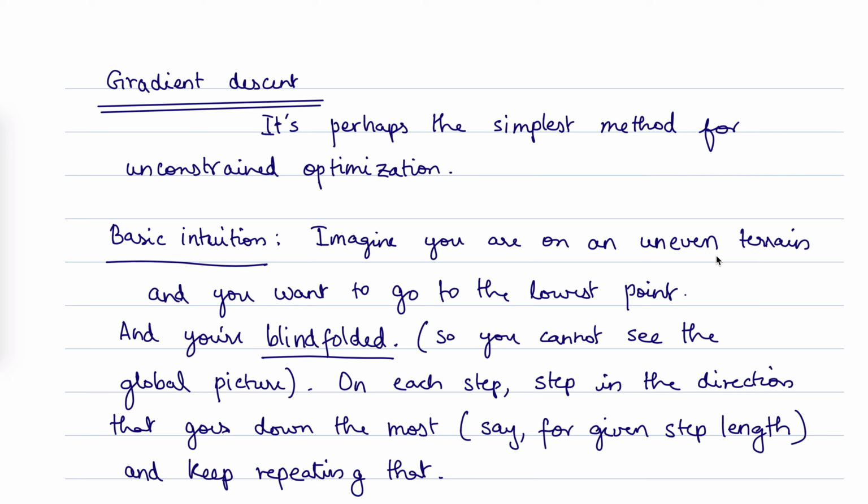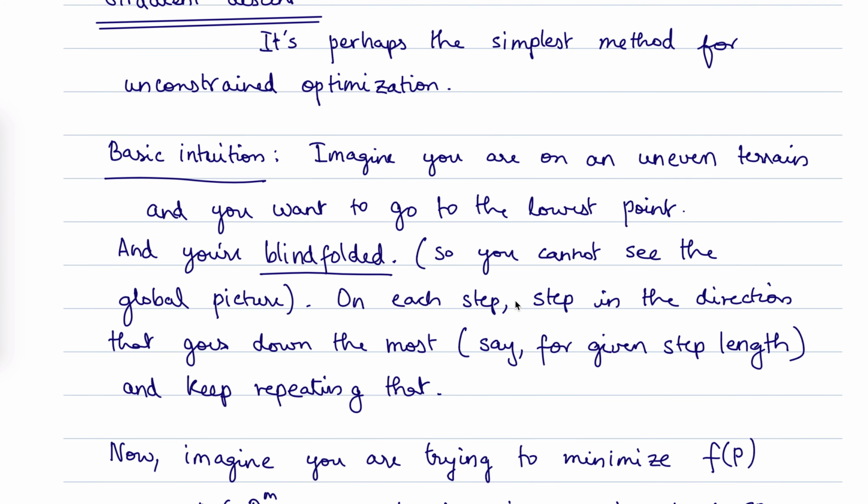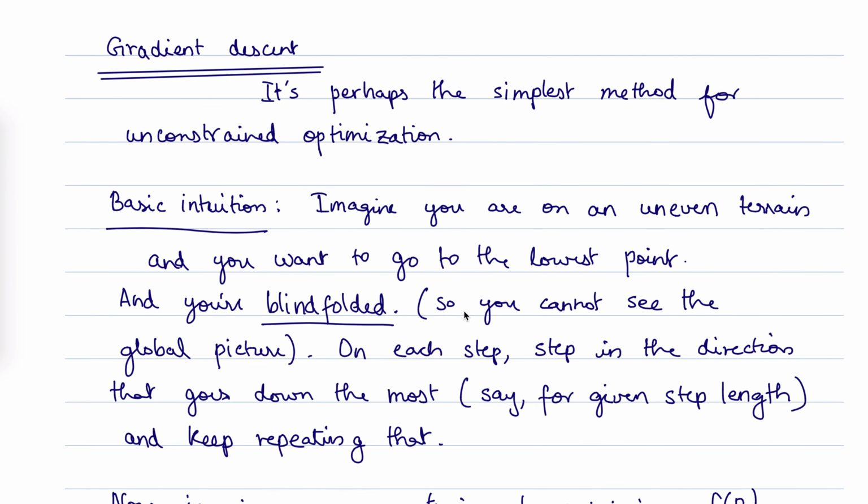They cannot see a global picture. All they can do is search locally. And gradient descent does the following thing. Going back to your analogy of going to the lowest point of this landscape, imagine you're in this landscape and you do probe experiments with your feet.